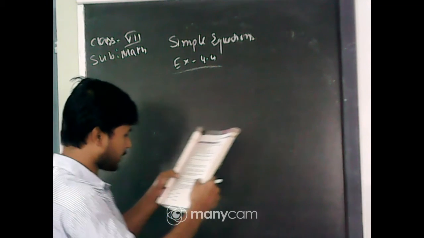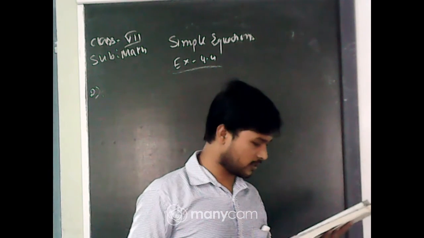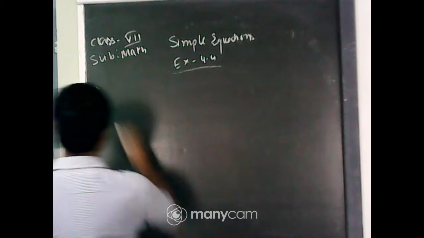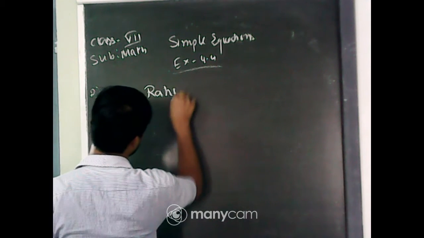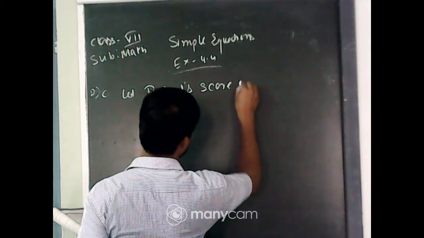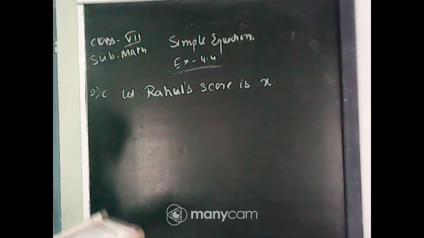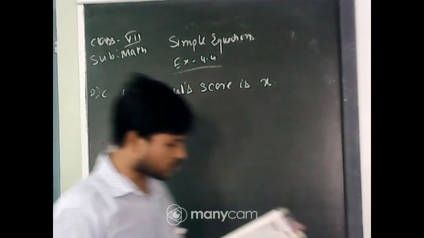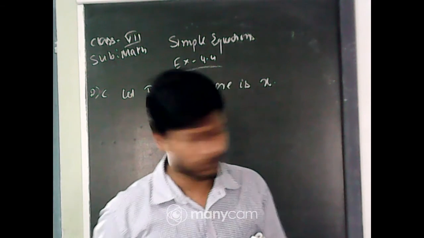Now we have to find how many runs each of them has done. So let us consider, let Rahul's score be x. Rahul's score is x. So what will be the Sachin score? Look, it is given that Sachin scored twice as many runs as Rahul.